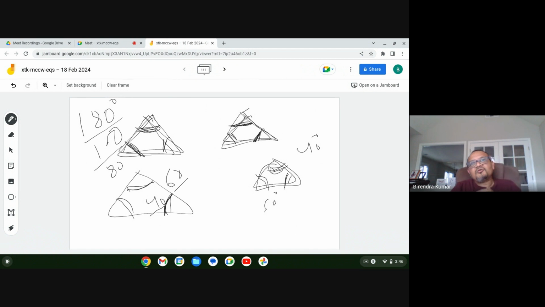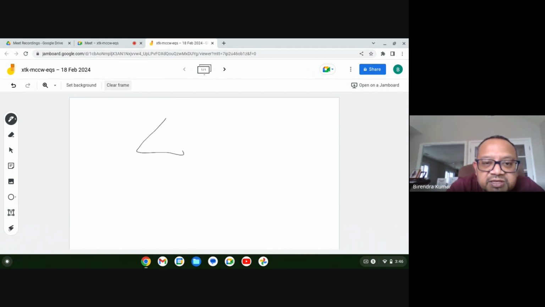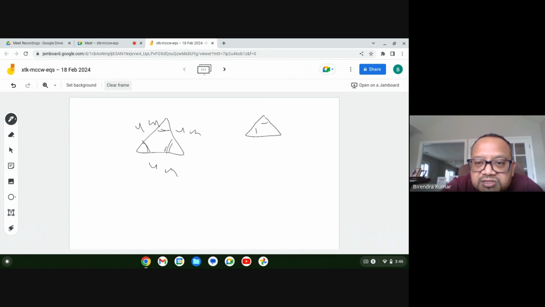Now, Arna will ask me, why are we even talking about similar triangles? Similar triangles are two triangles that have the same angles but not the same length of sides. I can have one equilateral triangle with all angles 60 degrees and 4 centimeter sides. I can have another equilateral triangle, all 60 degree angles, with 2 centimeter sides.